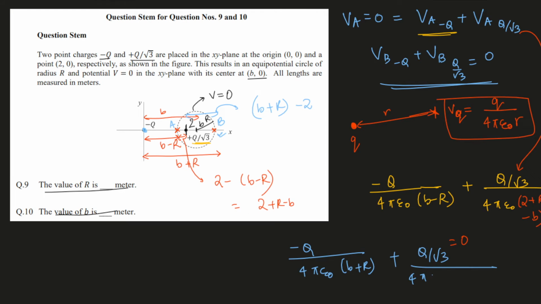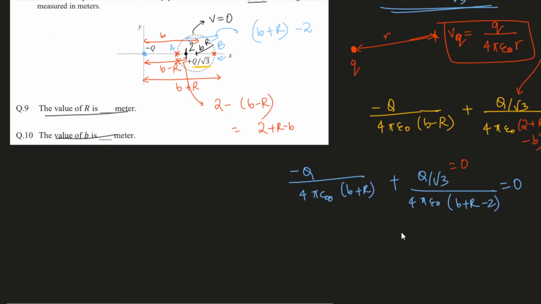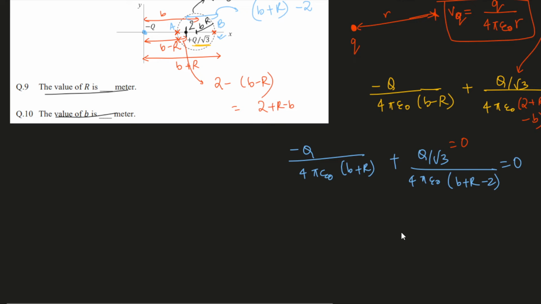So this is equal to 0. Now we just need to solve these two equations. We can right away cancel the q's since they are common, and we can also cancel the 4 pi epsilon naughts since they are common as well.